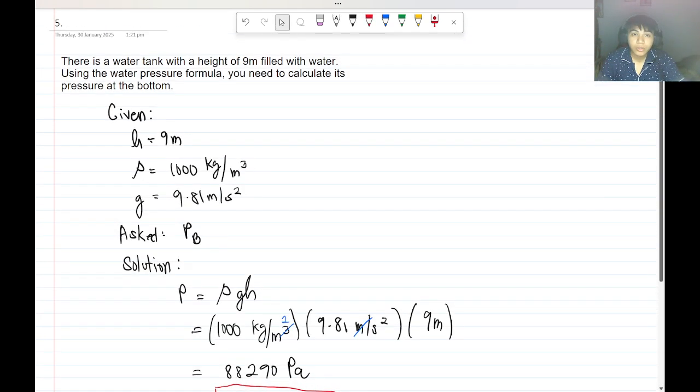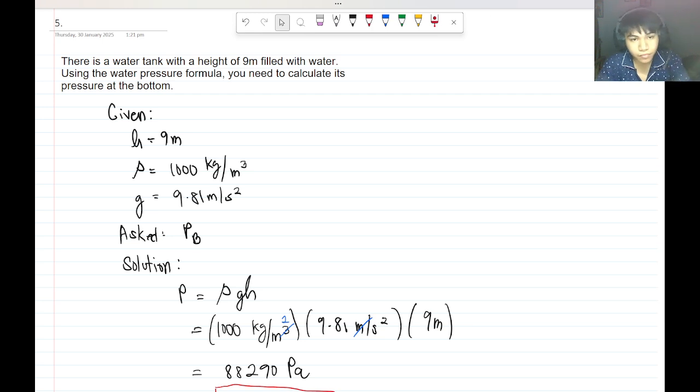So those were the 5 problems. I guess the previous problems were a bit more tricky than the last ones. But still, it served as a refresher as to what we've learned in physics before. Because in physics, we've dealt with these before.